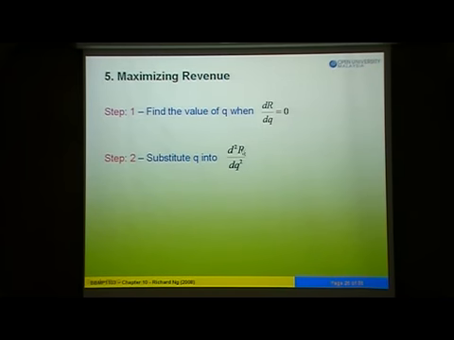Then the second step is to find d2R/dQ square and determine whether the answer is positive or negative. Remember, positive means minimum, negative means maximum. So if d2R over dQ square is less than 0, which is negative, then the revenue is said to be maximum.